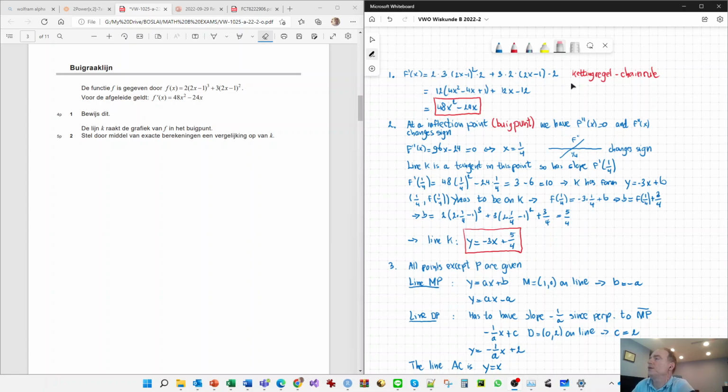So for this we make use of the chain rule and known derivatives that you need to know, including the derivative of a function x to the power n.